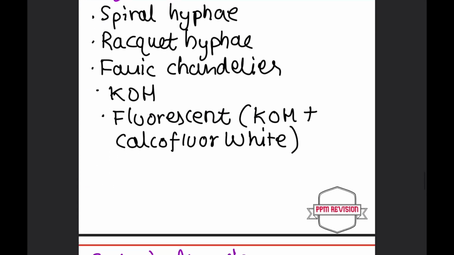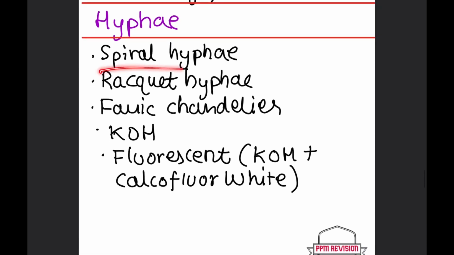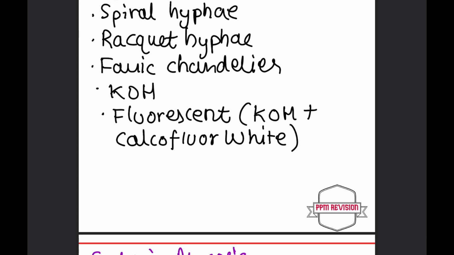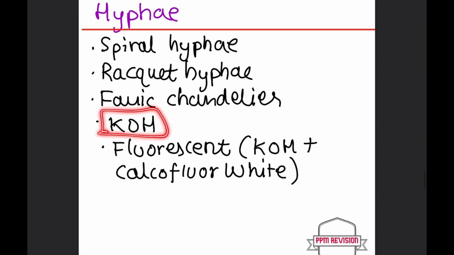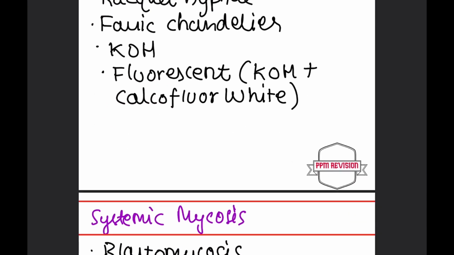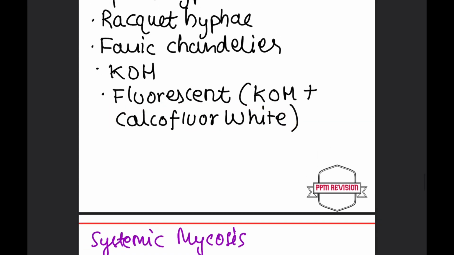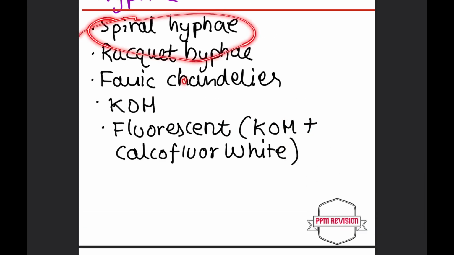Then talking about hyphae, there are many types depending on the shape. There can be spiral hyphae, racket shaped hyphae, chandelier type hyphae. Using KOH, these characteristics are mainly seen, and KOH along with calcofluor white, these characters appear fluorescent.